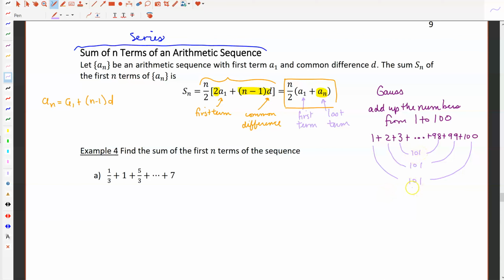And how many 101s will we get? Okay, so we will get half as many 101s as there are terms in the sequence. Right? Because we're pairing them up 2 by 2.